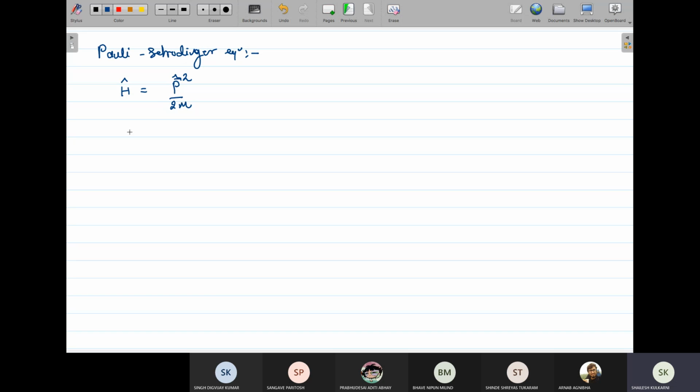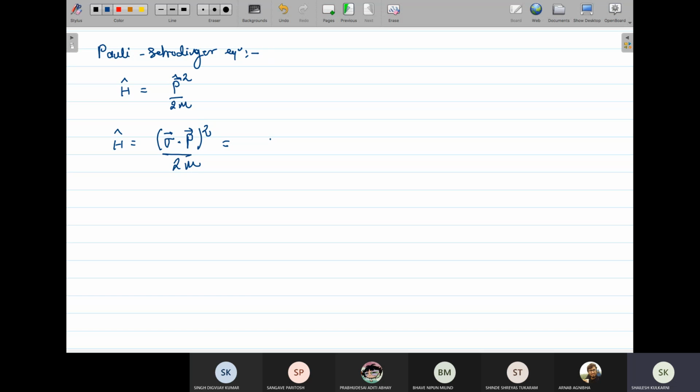Instead, suppose I consider H equal to (sigma dot p) squared divided by 2m, where sigma is your usual Pauli spin matrix. What is going to happen?